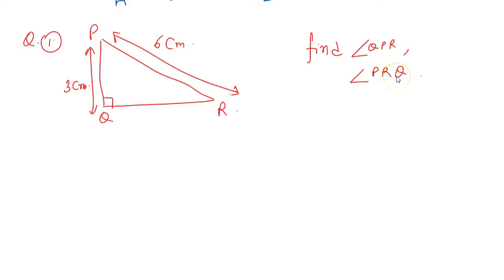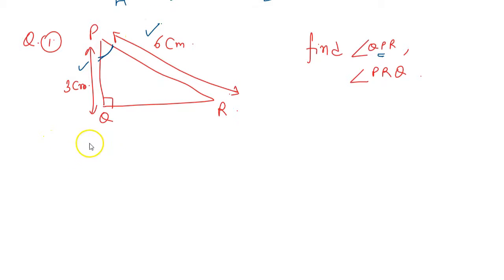So, guys, you would have observed that in the previous lectures we were given angles and we were to determine the sides, using the concept of trigonometric ratios. Here you need to find angle QPR, that means this angle. You have been given the base and the hypotenuse.